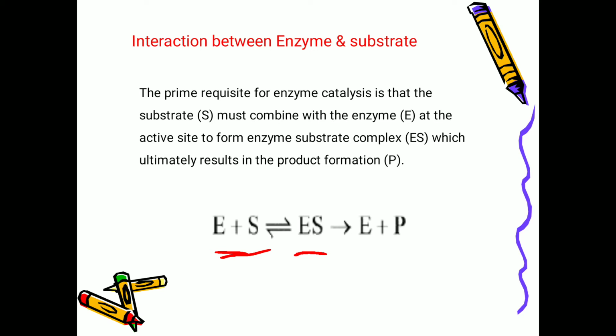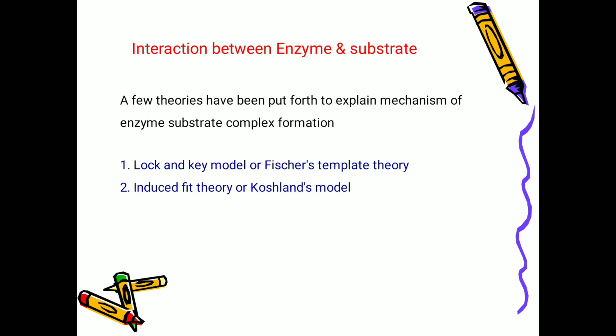Then this substrate is converted into the product and the enzyme in its original form is released so that it will be available for the other substrate molecule to bind. So how this interaction occurs between the enzyme and substrate will be explained by two theories.